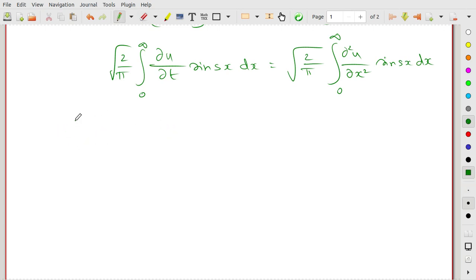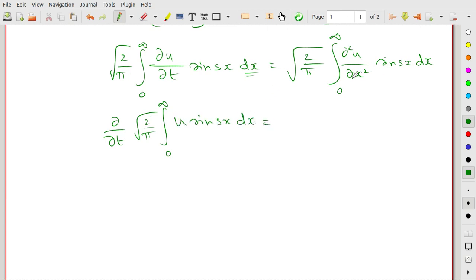Here if you notice, the integration is with respect to x and the differentiation is with respect to t, so we can take this dou by dou t outside. We can write this as dou by dou t of root 2 by pi integral 0 to infinity u sine sx dx.